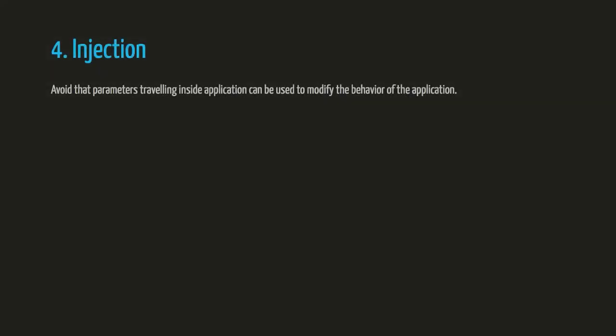Point 4 is the problem of injection. This topic is quite wide, but the point here is that we don't want parameters traveling inside the application to be used to modify the behavior of the application. In particular, changing content of deserialized objects with JSON injection, XML injection, or the meaning of queries performed on the data source with SQL injection.